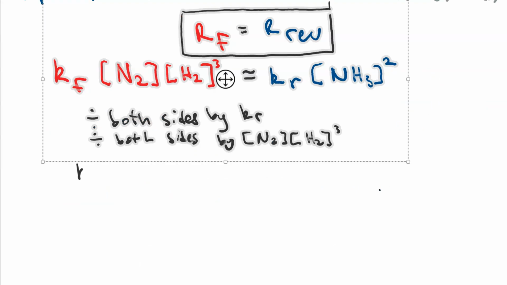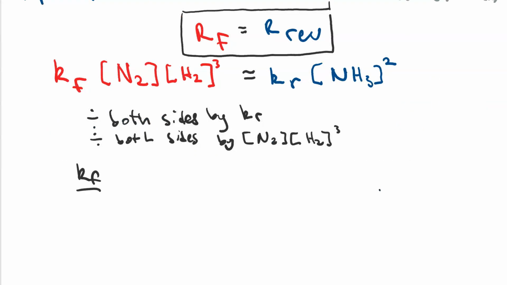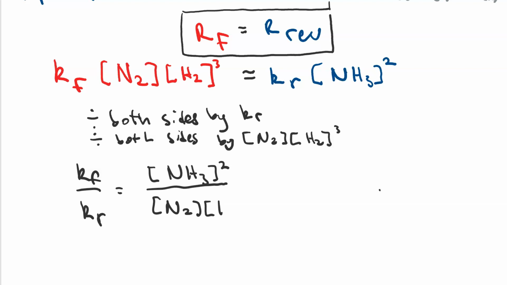And we get Kf over Kr equals the concentration of NH3 squared over the concentration of N2 times the concentration of H2 cubed. And that is equal to the equilibrium constant, KEQ.